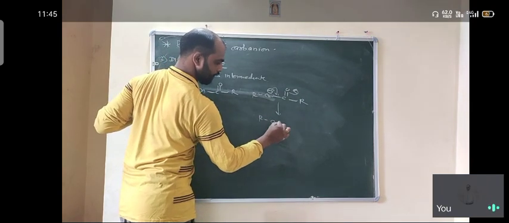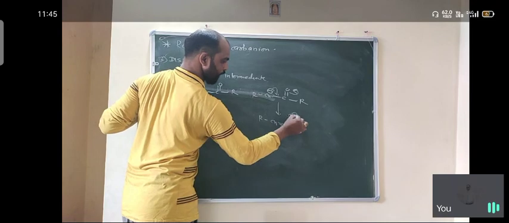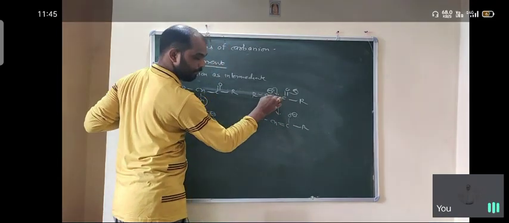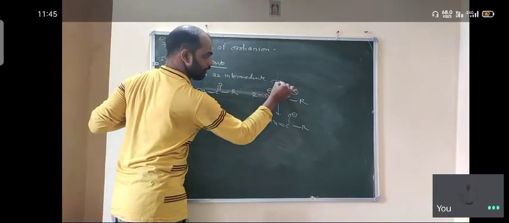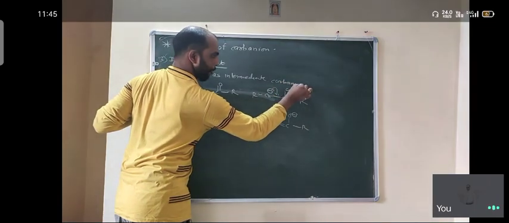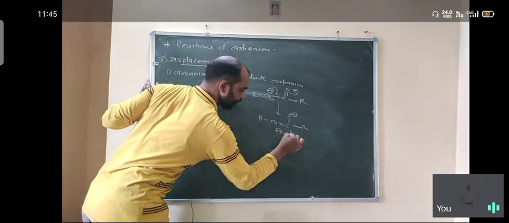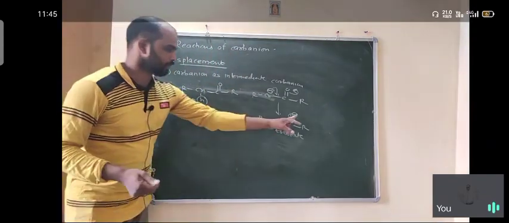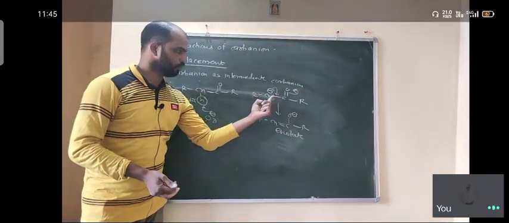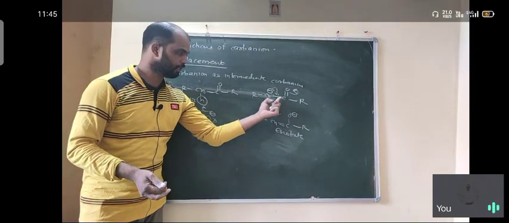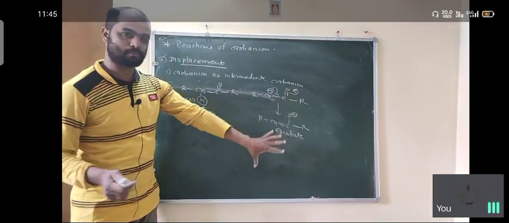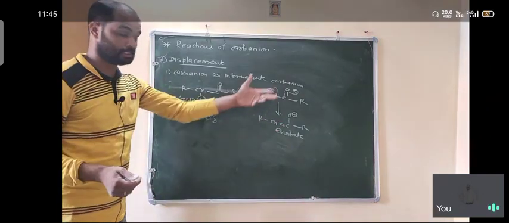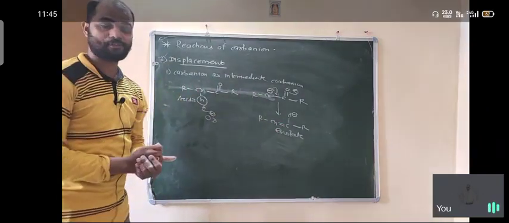After that, CH double bond C, O negative, R. So here is a carbanion, and we call it an enolate. We call this an enolate; if H is there, then it is called an enol. So a carbanion adjacent to the carbonyl converts into an enolate. Both are correct, just resonating forms of each other.